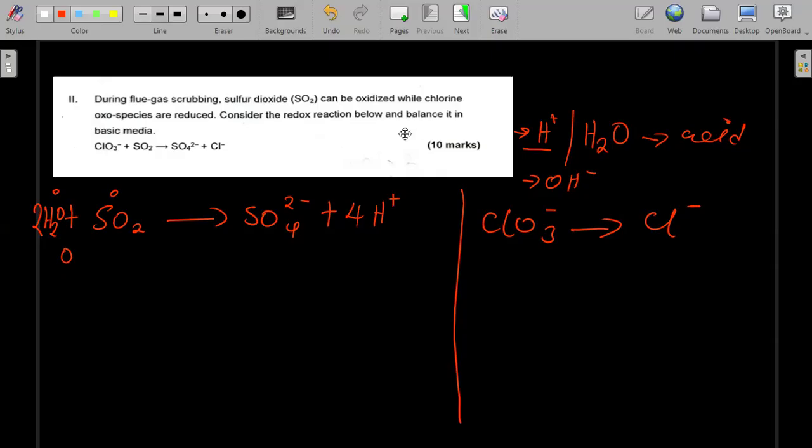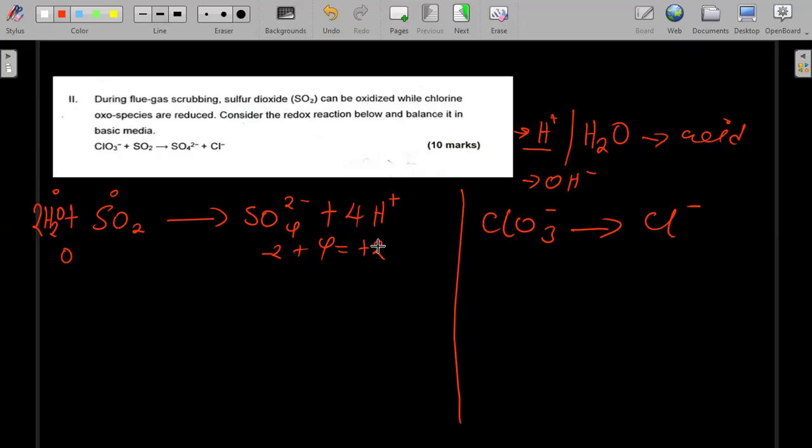And then if you check the other side on the products there, you notice that here we're having a negative 2. Then here we're having a 4 and positive there. So it means that we have a positive 4. If you check your negative 2 plus 4, you are getting a positive 2. So now we have a 0 this side and we have a positive 2 the other side.